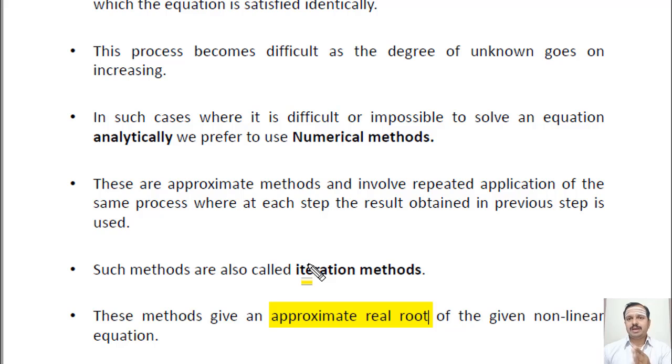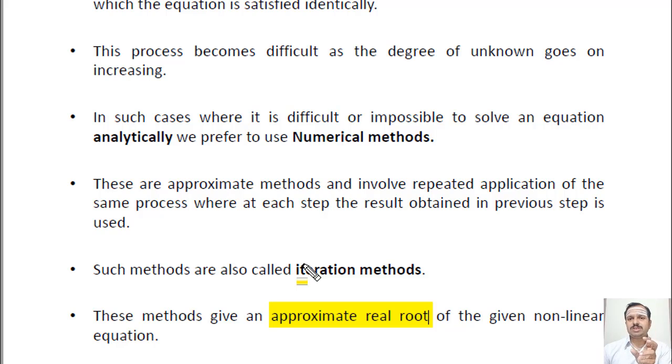For example, if we are at the ith iteration and we get the ith approximated value, we see the ith approximated value and the (i minus 1)th approximated value, that is, the approximations obtained in two consecutive iterations.